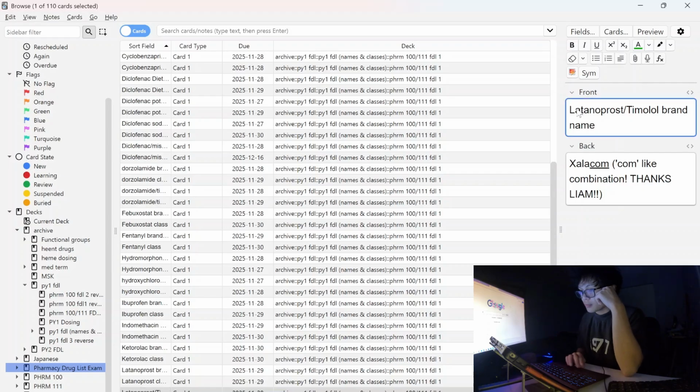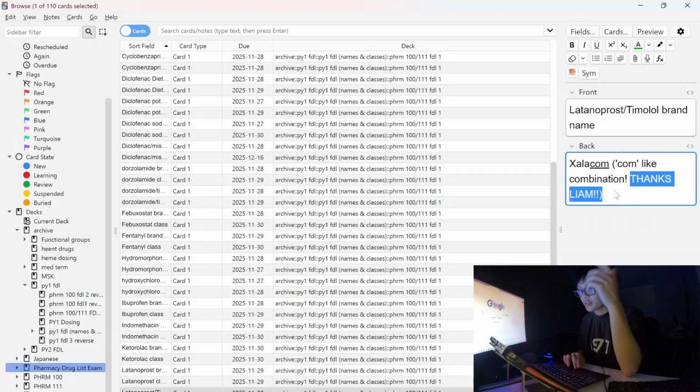So let's say, for example, a combination product, which means that it's a drug product containing at least 2 active pharmaceutical ingredients, which in this case is latanoprost and timolol. So this flashcard is asking for the brand name. Now the brand name is called Xalacom, like combination.